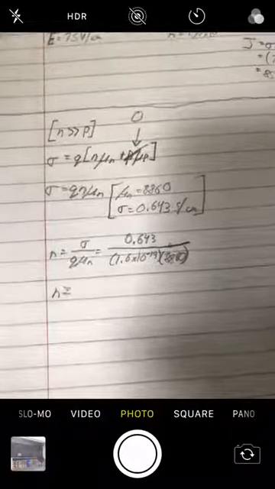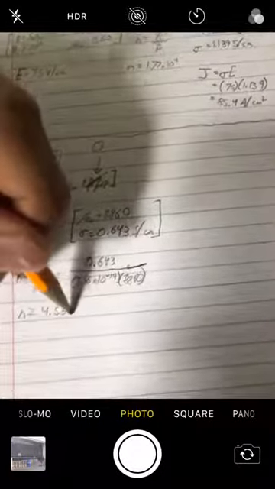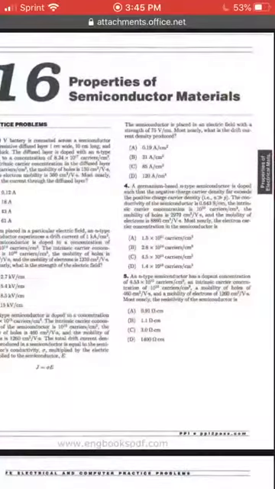And if you crunch that into your calculator, you should get an n of about 4.53 times 10 to the 14th. If we look back at our choices, our answer is going to be C.